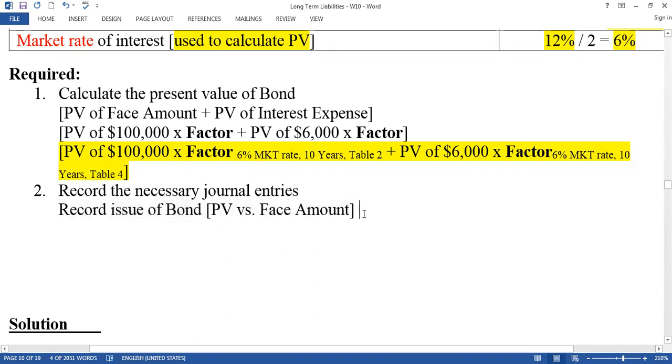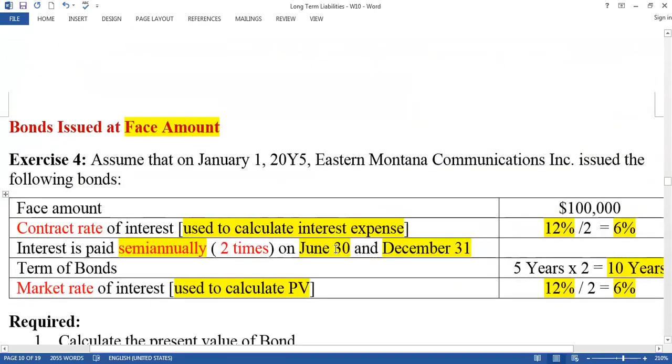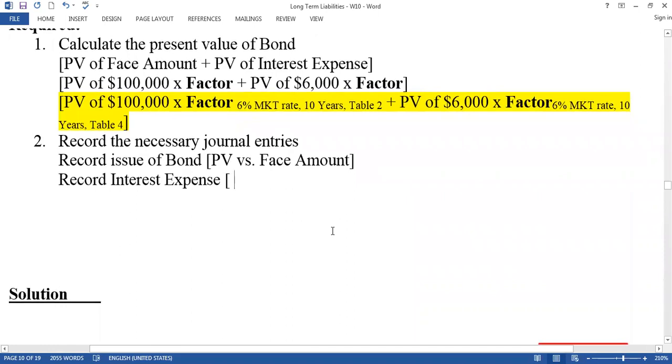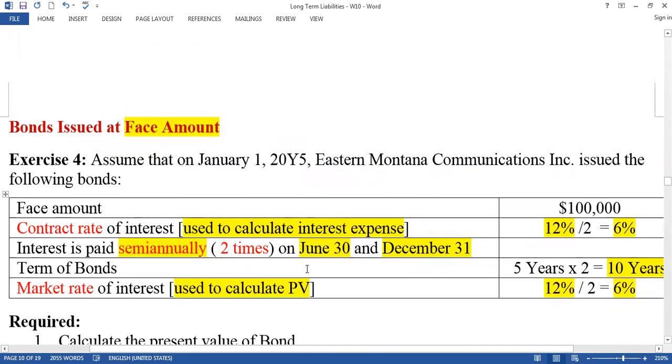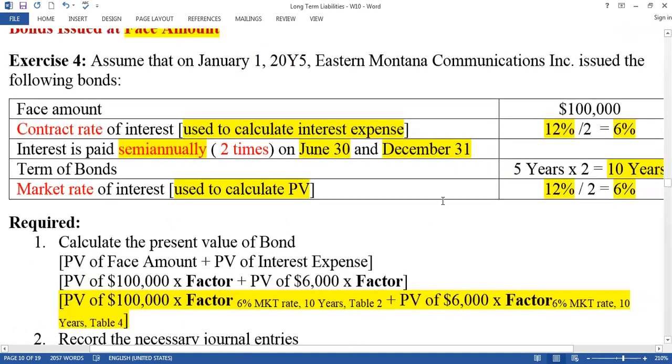Okay. Then record interest expense. When we record interest expense, we have to record it twice in 1 year. For example, in year one, we have to record interest 2 times.